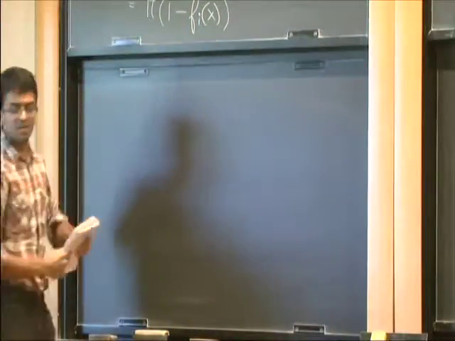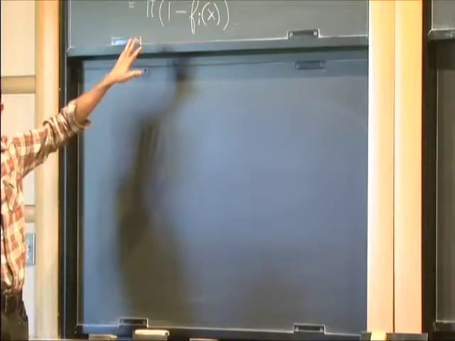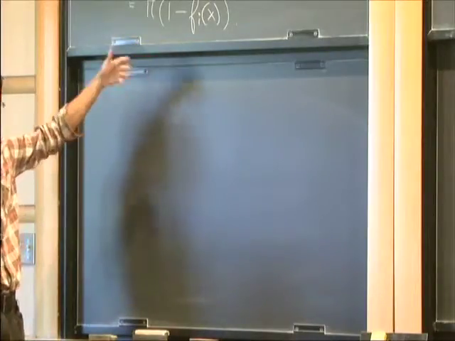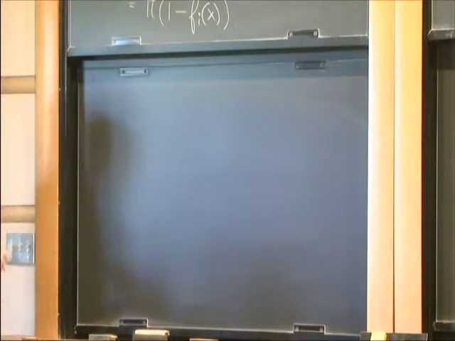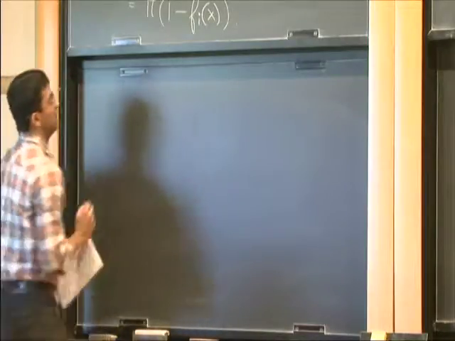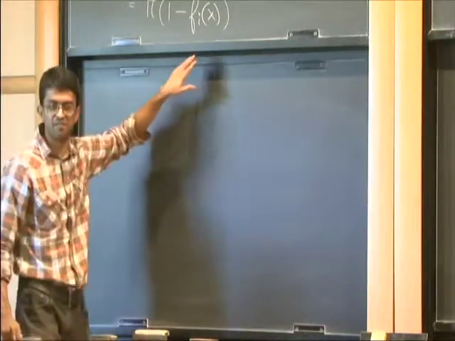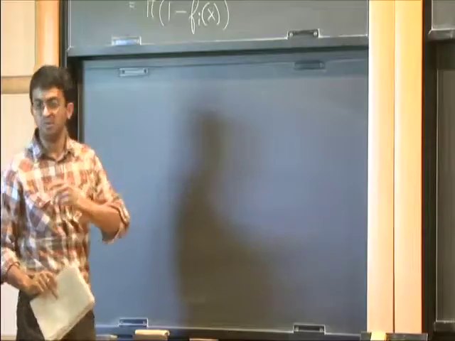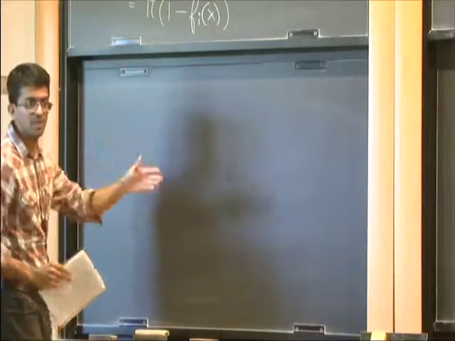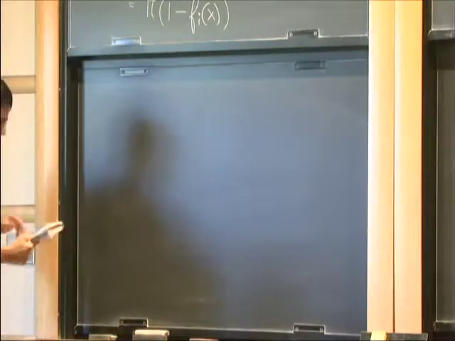So now I claim that things are looking fairly good for us because you have this product formula which has a very nice shape, right? So what you could do now is to write out each fi as a mean zero variable. It has a certain expectation, and expand it about that, right?